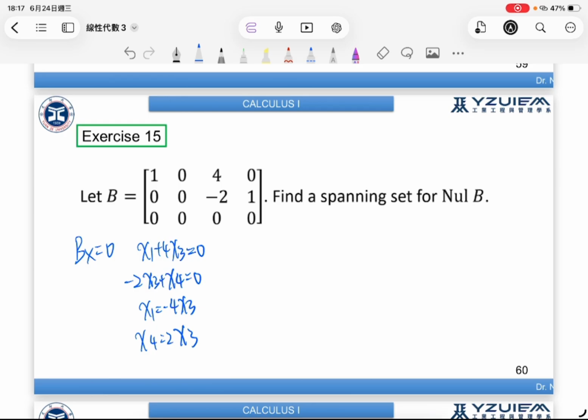Here we know x2 and x3 are free variables. Therefore, the solution vector can be written as this.